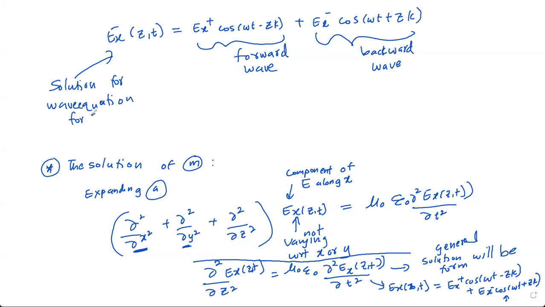It shows the electric field can consist of the forward wave, the backward wave, or a combination of both. This is the basic solution.